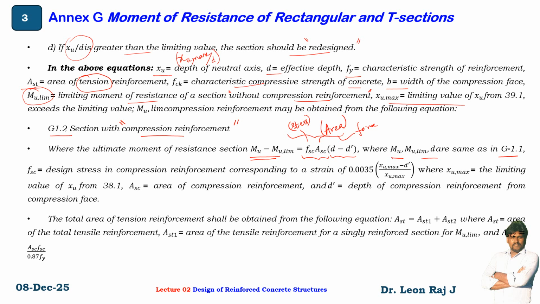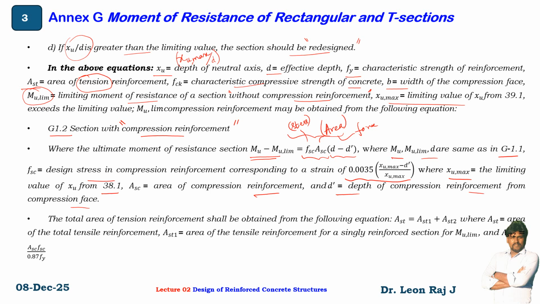fsc is the design stress in compression reinforcement corresponding to a strain of 0.0035 times (xu max minus d dash) divided by xu max. All these derivations we will see in the coming slides, where xu max is the limiting value of xu from 38.1. Asc is the area of compression reinforcement, d dash is the depth of the compression reinforcement from the compression face.